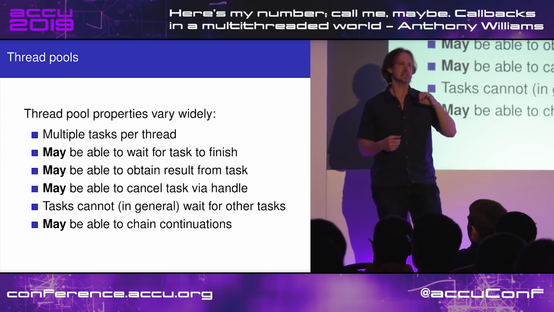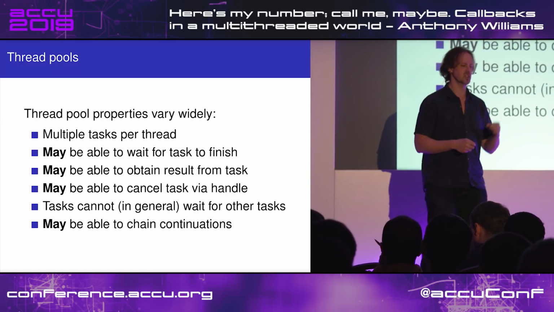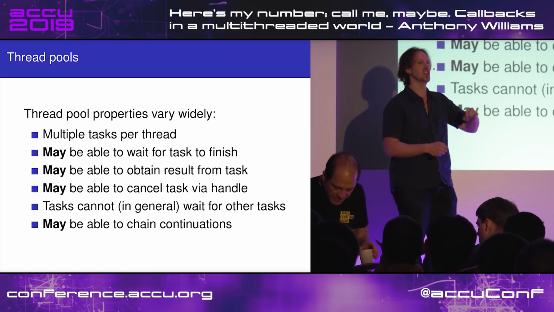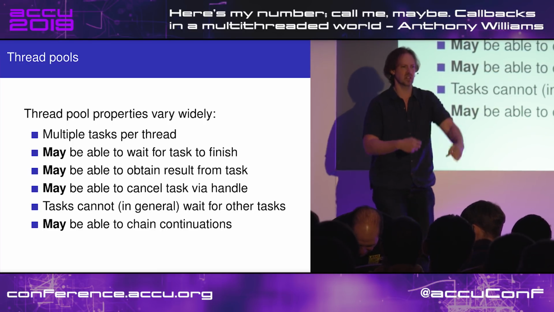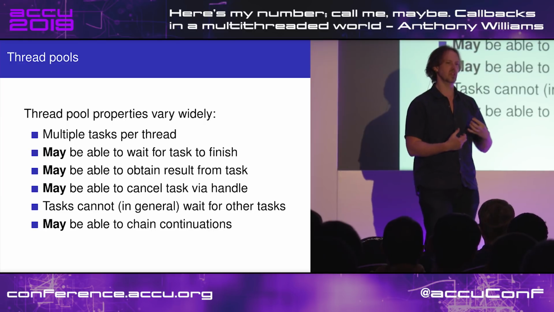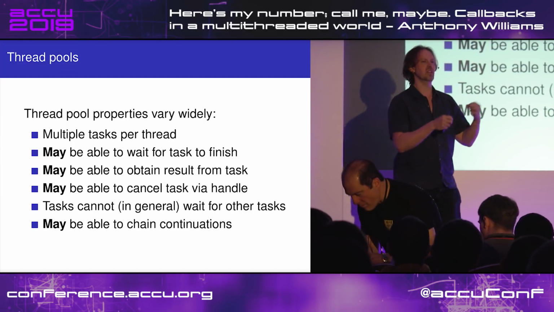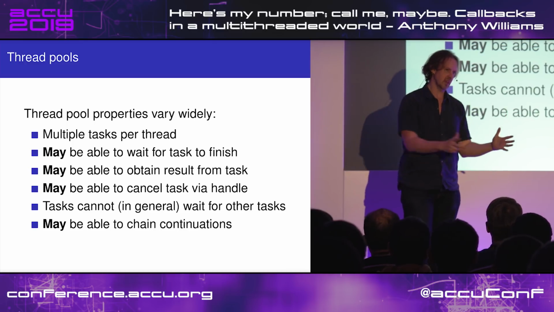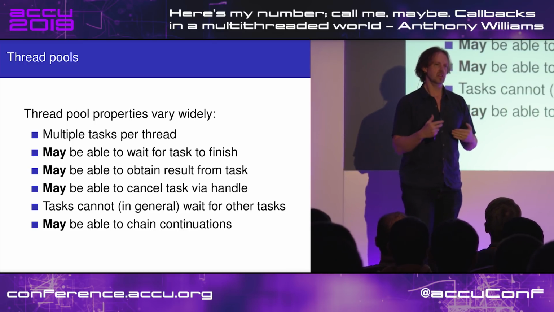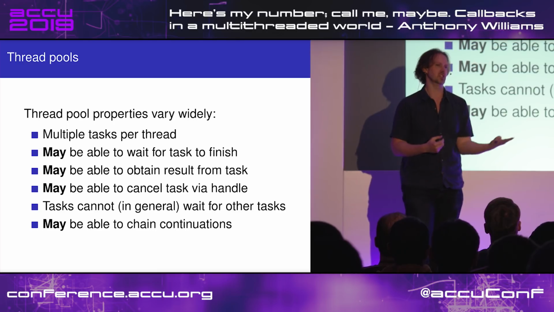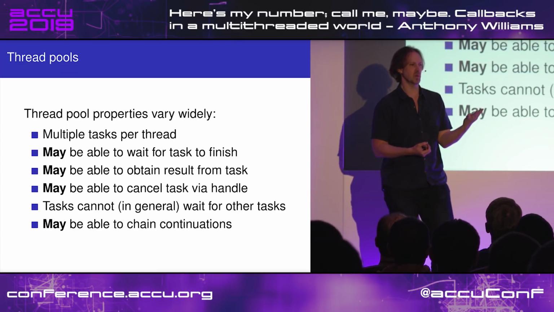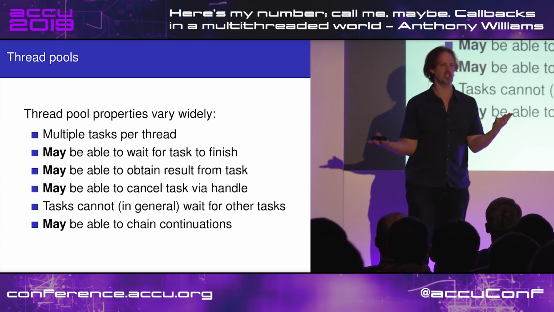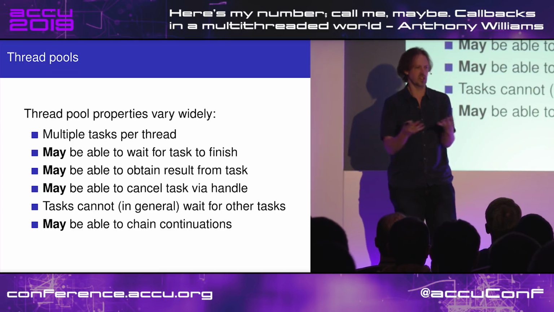One thing that is common to most of the libraries, though, is that you can't have one task wait on another task that's also submitted to the thread pool. Generally, that way lies deadlocks, because if you scale down the number of threads, then you quickly find that you've got 4 tasks running on a 4-thread pool. They're each waiting for another 4 tasks which aren't scheduled, and so nothing can run.